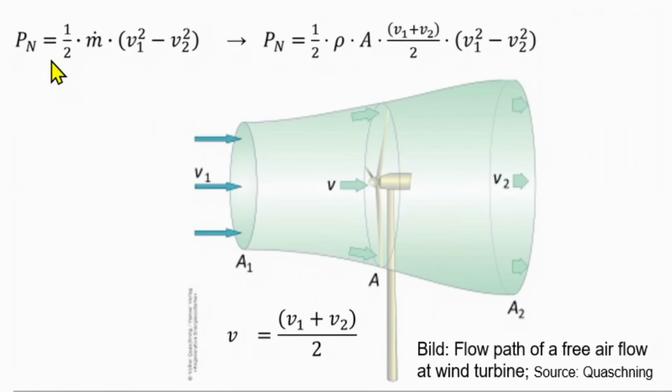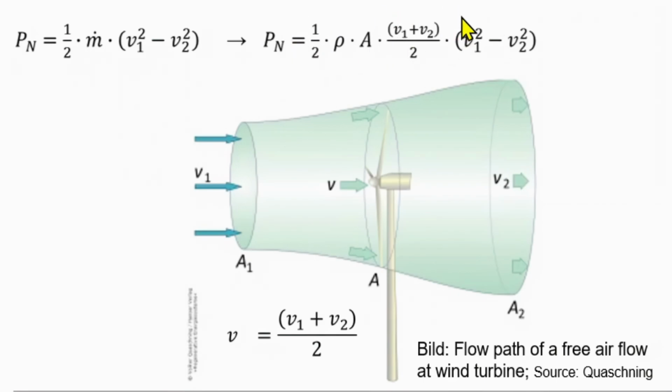We have now the extractable power, which is half, then m dot, which is the mass flow, and then velocity 1 squared minus velocity 2 squared. So this is then the formula here, when they have here the air density and the swept area. Not A1 or A2, it's actually the area which is here in between. The only area we actually know, because it is our swept area by the turbine and the turbine blades.